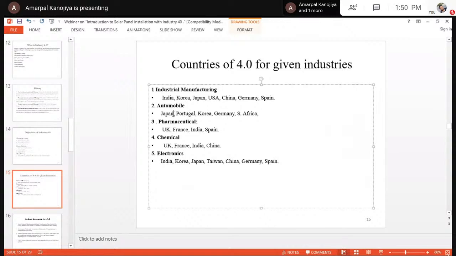Then for automobile, Japan, Portugal, Korea, Germany, and South Africa. For the chemical industry, UK, France, India, China. For pharmaceutical companies, UK, France, India, Spain. And for electronics, India, Korea, Japan, Taiwan, and others follow the Industry 4.0 guidelines to increase their production.